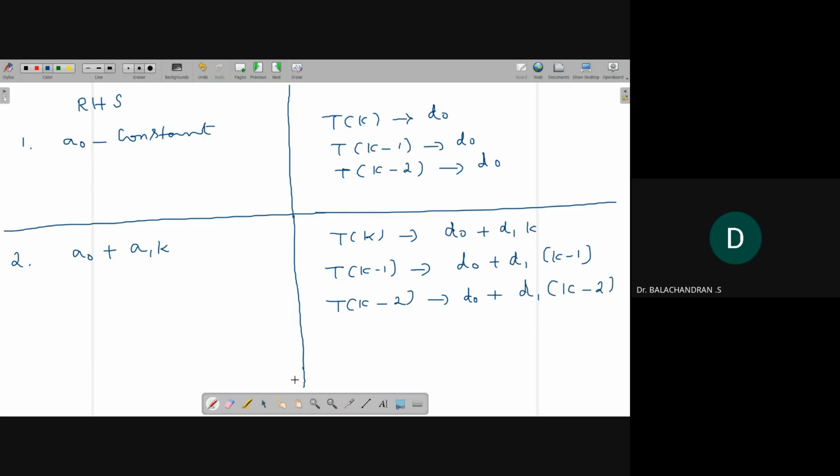Suppose I don't have a naught and I have only a1 k, that means linear. In this case also you should take d naught plus d1 k. So here also d naught plus d1 into (k minus 1), and d naught plus d1 into (k minus 2).